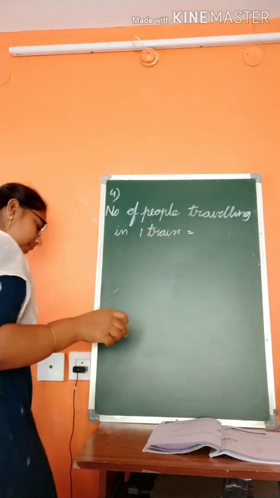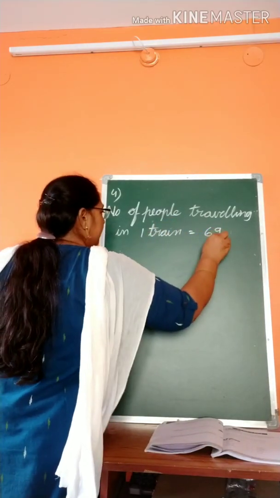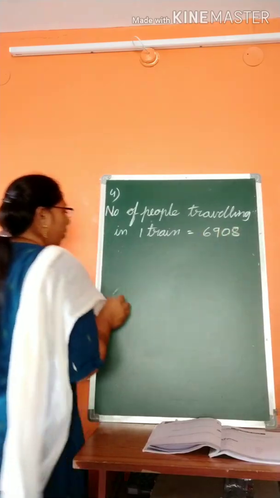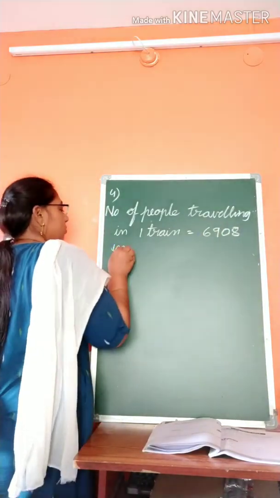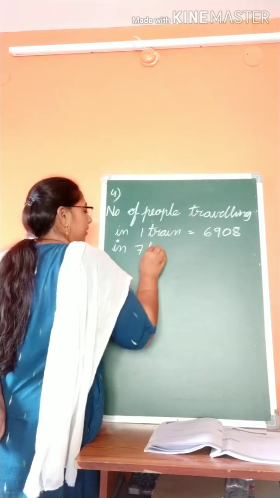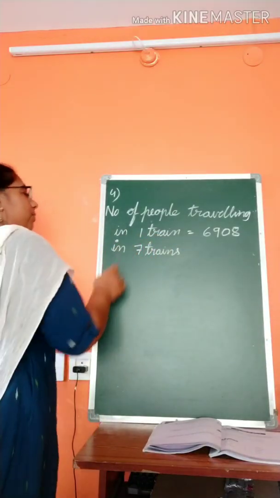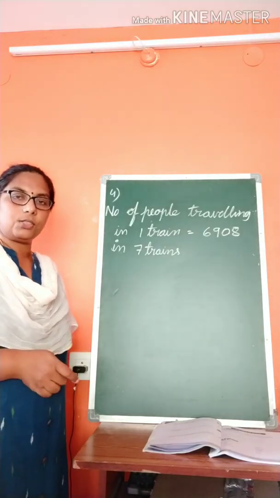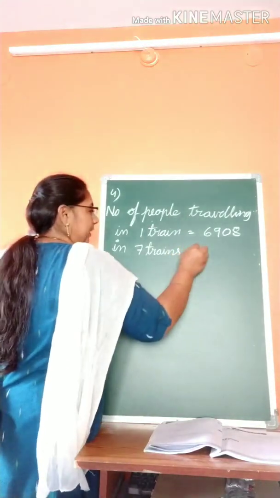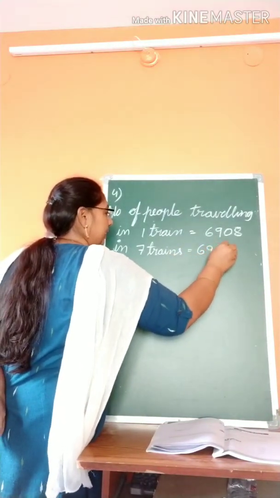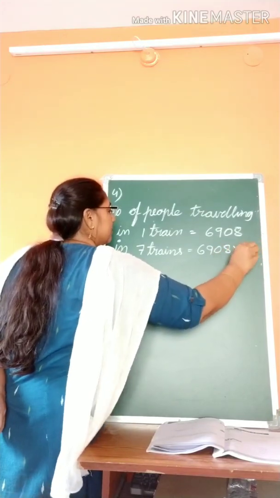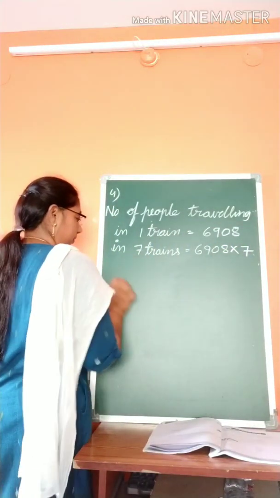It is 6,908 people traveling in one train. And how many trains do we need? We need 7 trains. So one was given and we have to find for 7 trains. So what do we have to do? We have to multiply, right? Very good. So 6,908 into 7. Write it now.